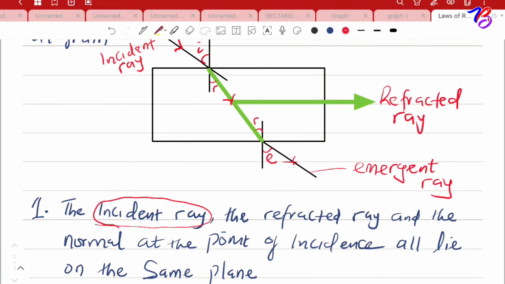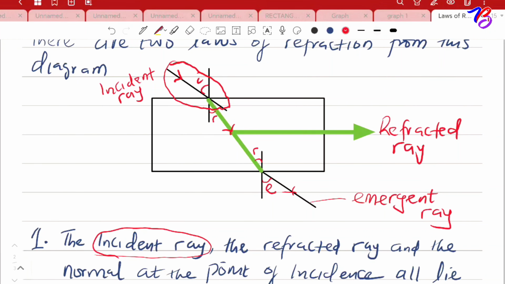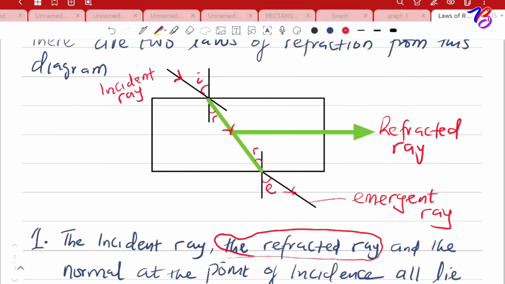Now, let's highlight this law. The incident ray, that is the line. Let's circle it. That's number one. Triune components of the first interface. Then the second is the refracted ray. You can see it is having contact with that interface.